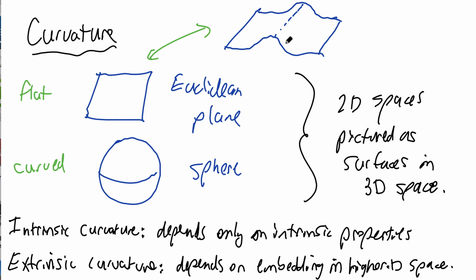Its intrinsic properties have not changed, but extrinsically it's now curved. Notice that these two spaces are both the Euclidean plane. We've just changed the way that this two-dimensional surface is embedded in the higher dimensional space.